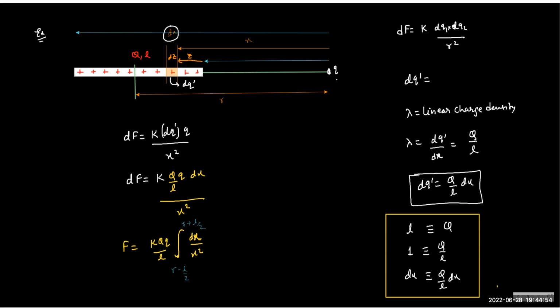Is my question clear? Am I audible, guys? Tell me the answer. For what value of z will the rod be covered? Anyone who can answer?